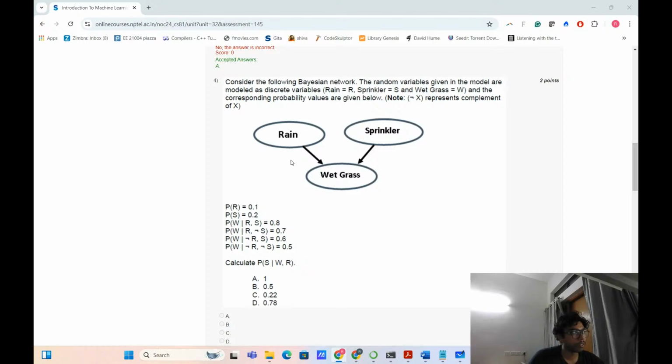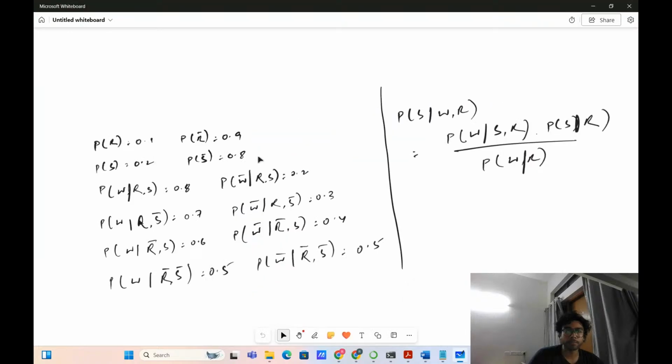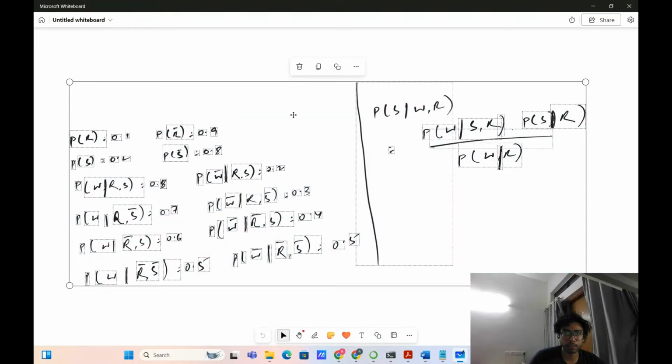So here you need to apply Bayes theorem, and we'll see how we can do it easily, in a shorter way. Okay, so this is what has been given in the question.